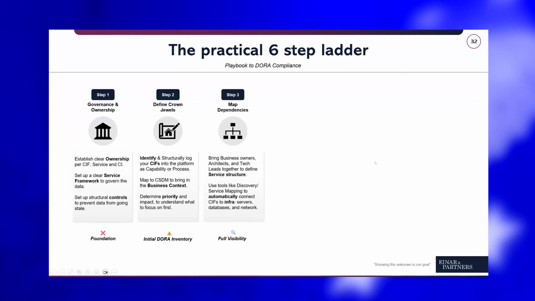Then obviously we need to start mapping the dependencies. So we need to understand which services are actually involved to deliver this DORA critical function. And as we also mentioned from our research, we see that IT and business are not always aligned.